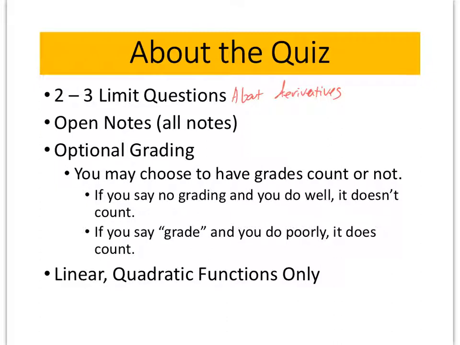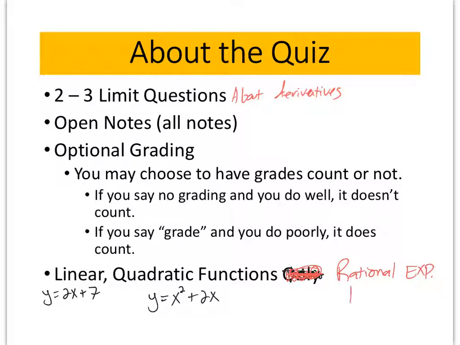I just want to point out today that the three types of functions we're going to be using are linear, so that might be like y equals 2x plus 7, or something along those lines. Quadratic functions, which are kind of like y equals, and we'll do this one later today in class, plus 2x. And actually, I lied, there might be a problem that has rational expressions.